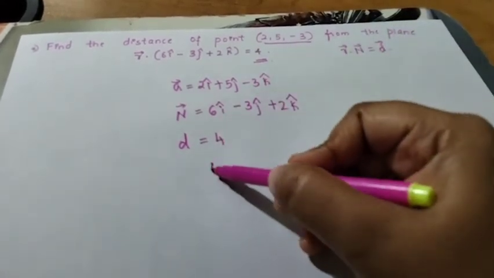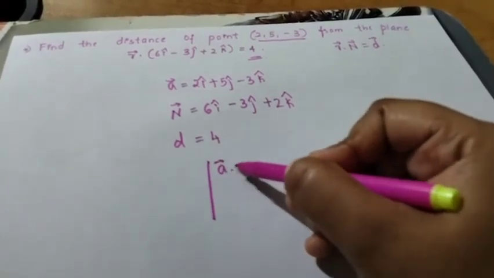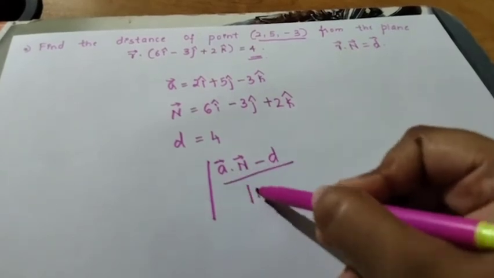Okay, the distance formula is given by a dot product with n minus d, divided by the modulus of n.